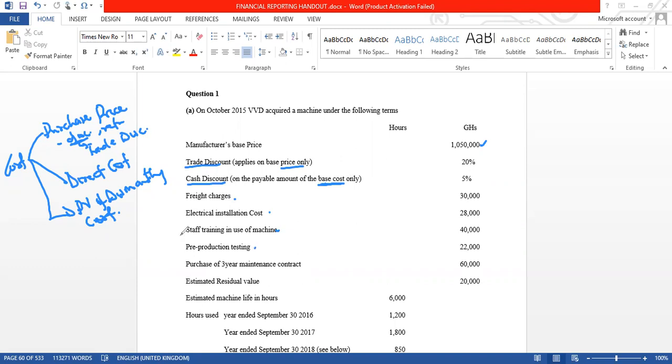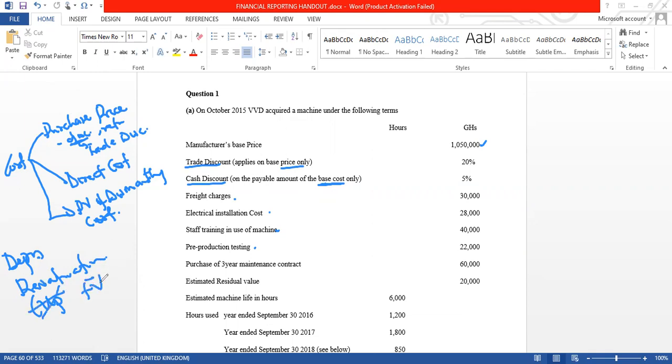Our main job is to pick out and find the cost of the asset, because we talked about initial and subsequent valuation. We also discussed concepts like depreciation and revaluation. Another word for revaluation is fair value.